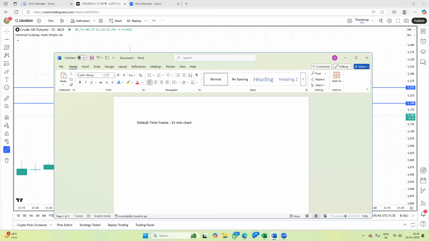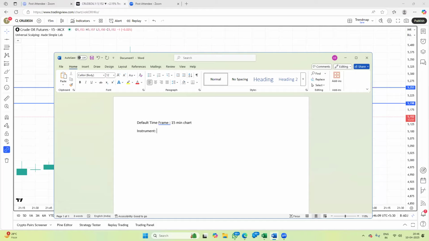If we increase the time frame, we will get fewer trades, our risk will be higher and our reward will also become higher. Select whichever time frame suits you, but the default is 15 minutes. I personally recommend that 15 minutes is good.